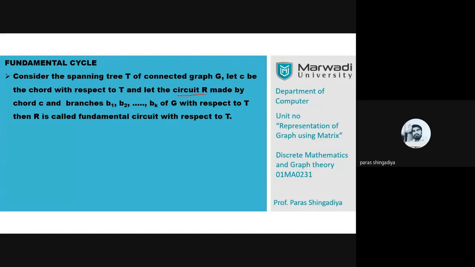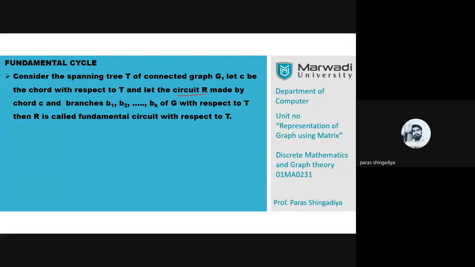Clear? What did we discuss in a cut set? In a cut set, we include only one branch and the rest of the edges should be chords, and the graph becomes disconnected. But here we create one circuit where the starting and ending vertex are the same, and throughout your journey you have to cover edges in such a way that only one chord is included and the rest of the edges are branches.